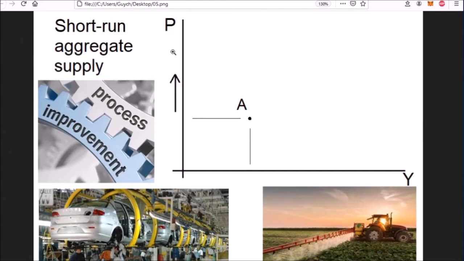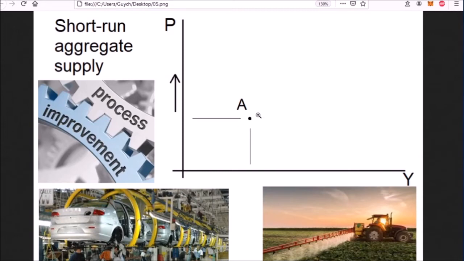What do you think will be the response of the producers, those who supply a range of goods and services, if the prices at which they can sell those products are rising in the short run, but within that short run, the costs of production are more or less fixed because there's not much time for employment contracts to be renegotiated?